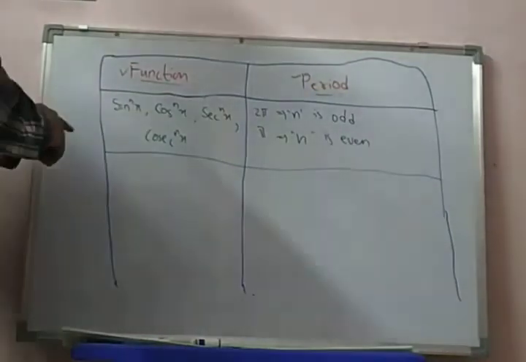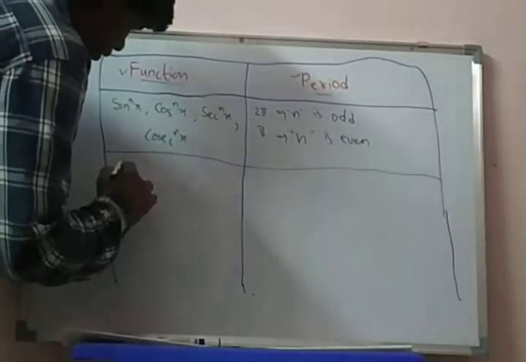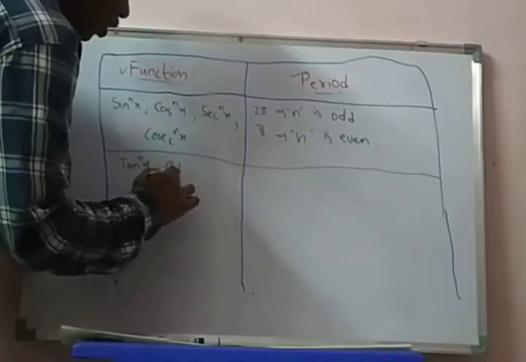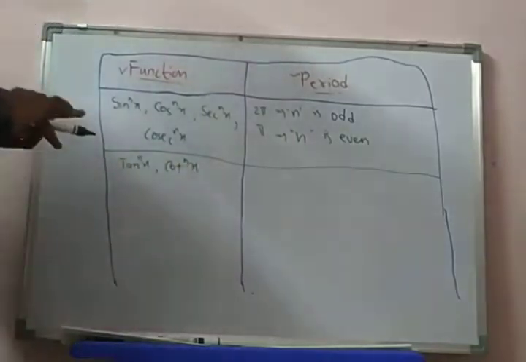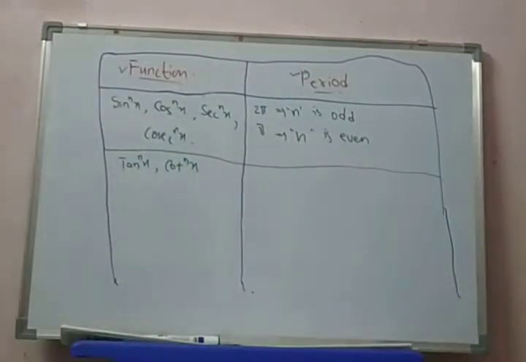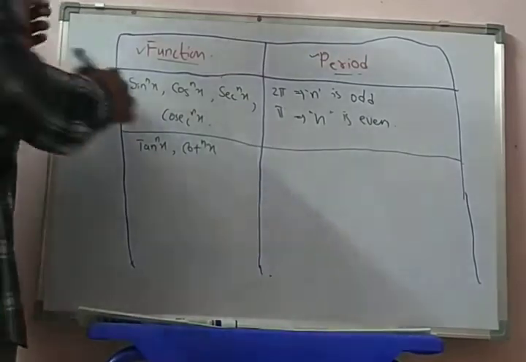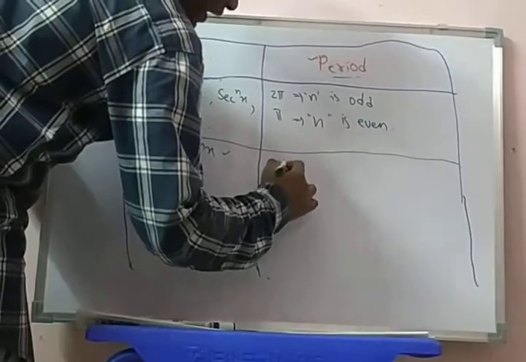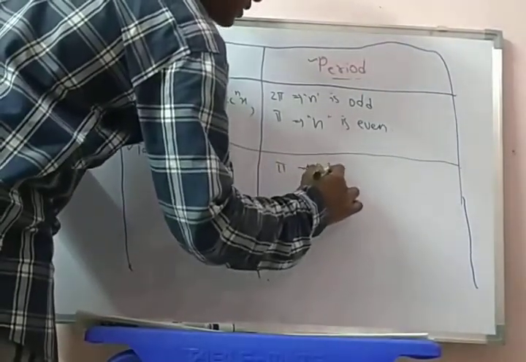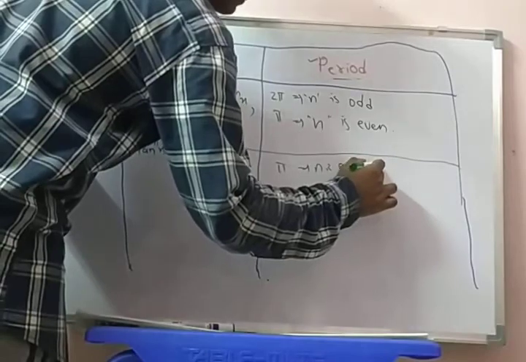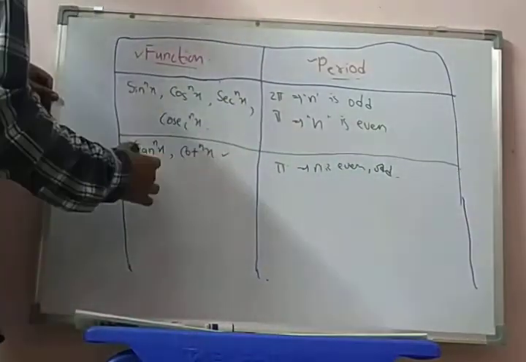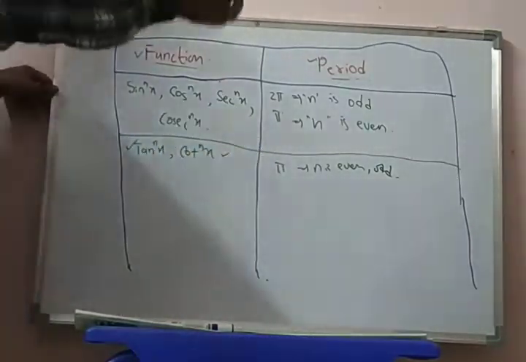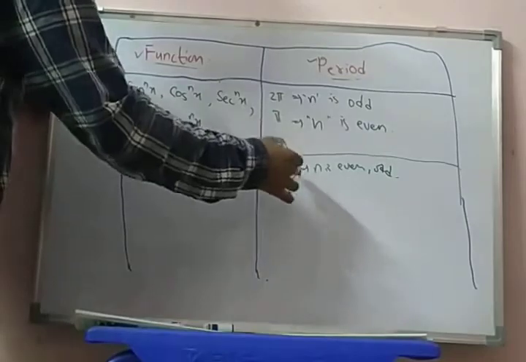Now for tan power nx and cot power nx, the period is pi whether n is even or odd. For example, for tan x, tan square x, tan cube x, cot square x, for anything, the period is pi.